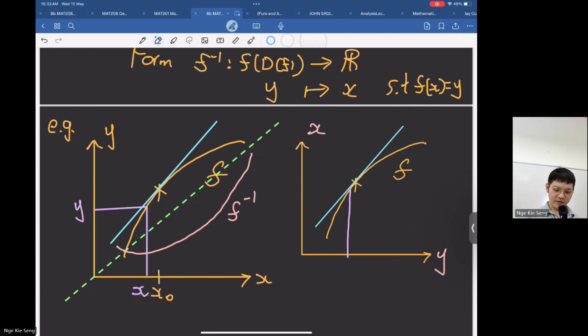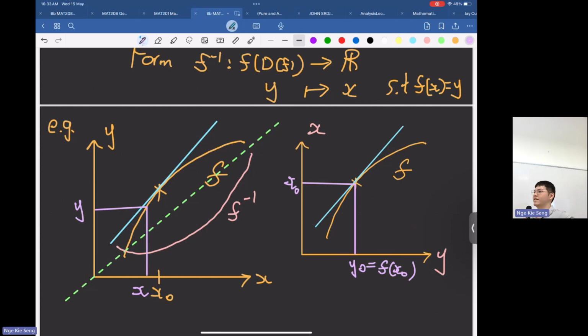So you give me one y. Let's say this is y naught. You give me one x naught, where this y naught is actually equal to f(x naught). Make sense or not? So it's really the same graph, just swapping the domain here.